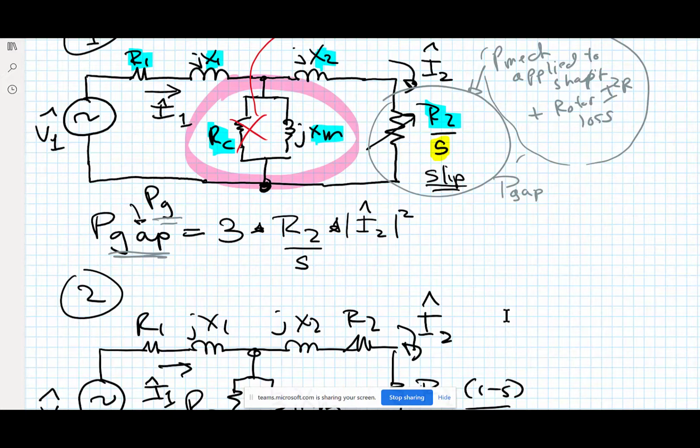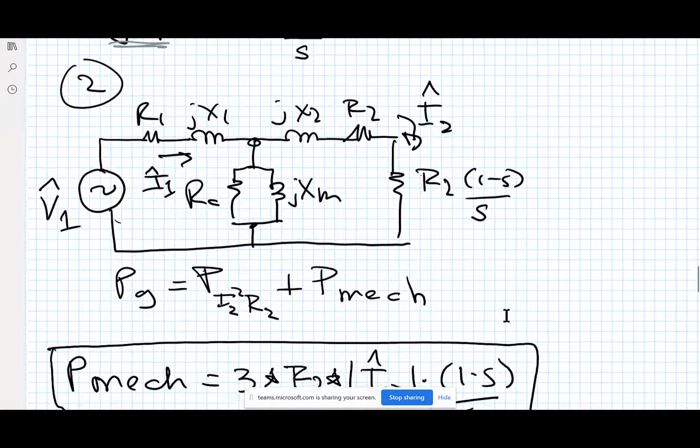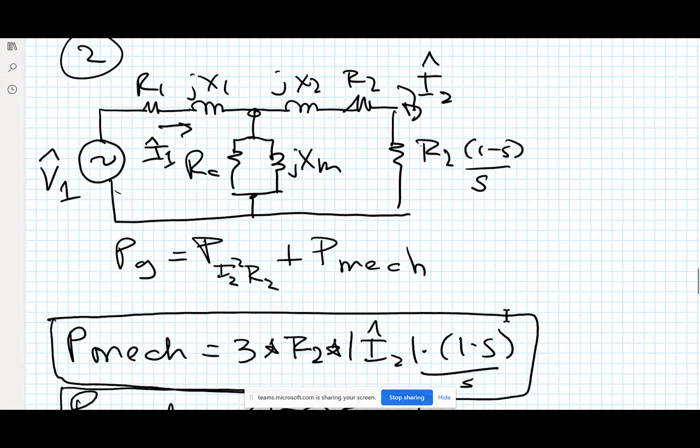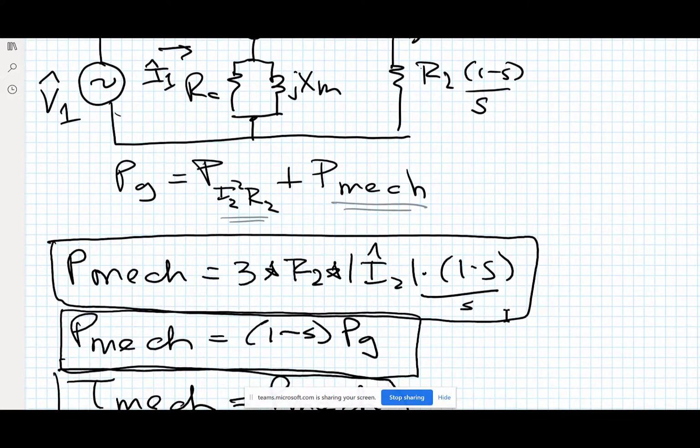So what would that power be? It'd simply be the magnitude of I2 squared times R2 divided by the slip, and then 3 times, because you have 3 windings. You break that out, because as I said, it's the mechanical plus the I squared R. You come up with this expression here.